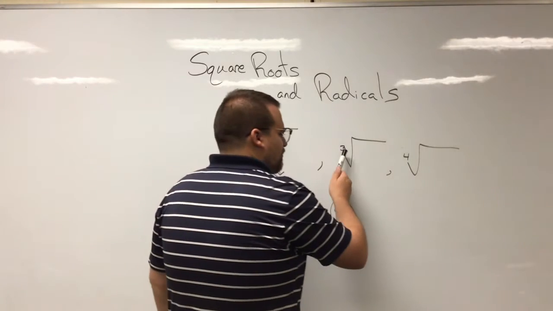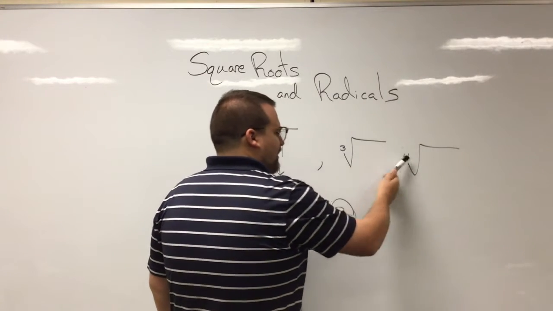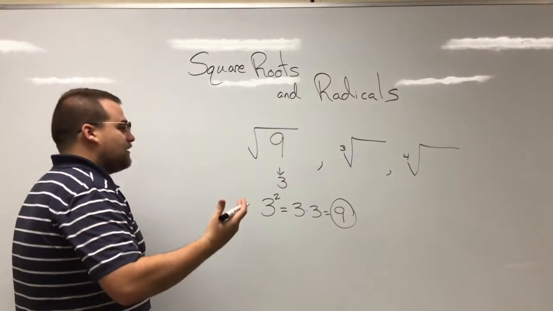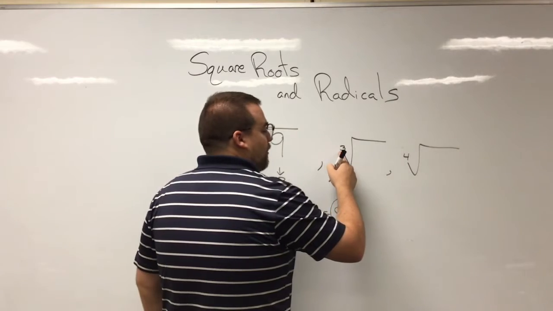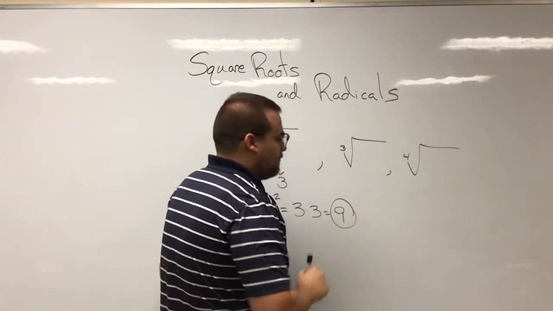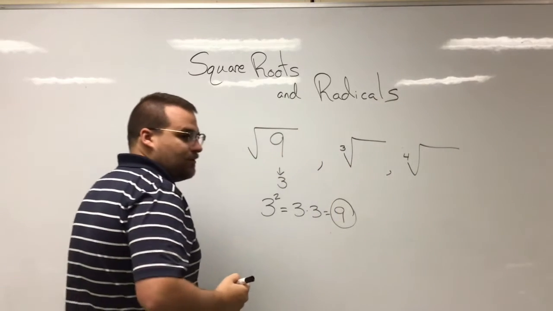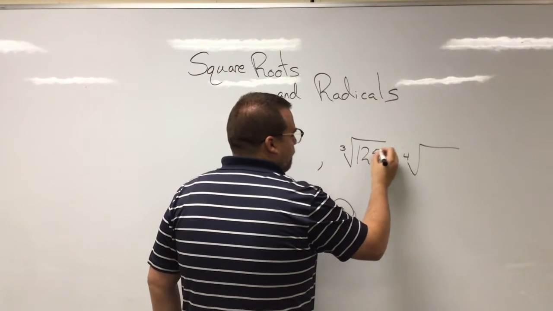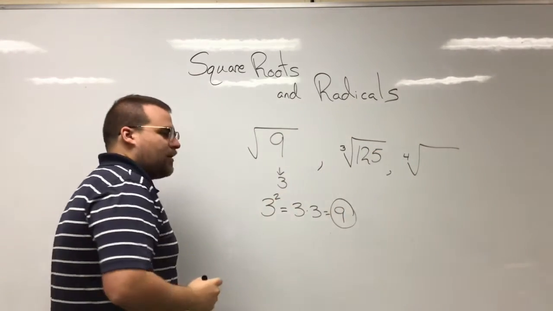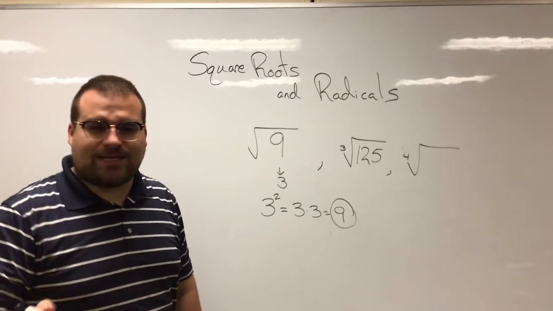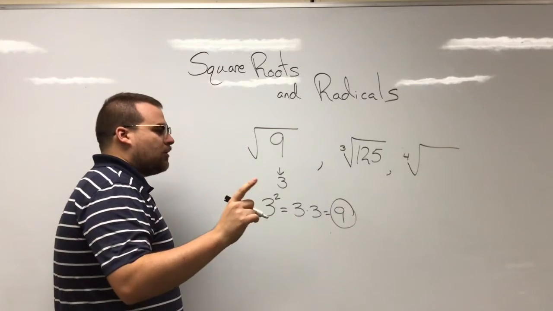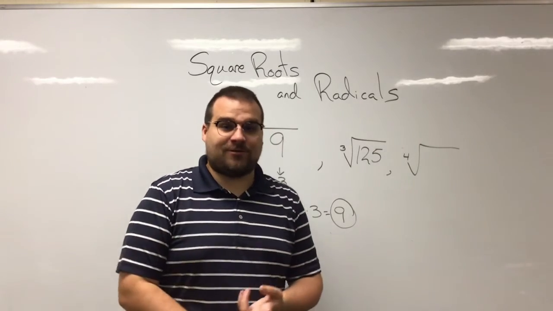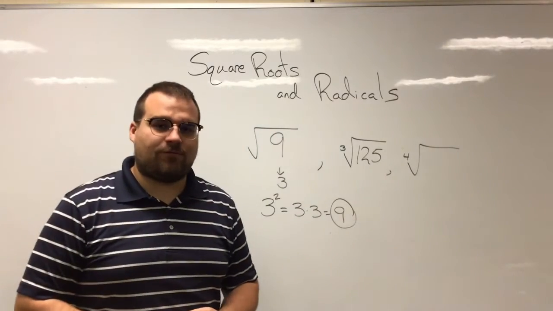Now, what do you think it might mean whenever there's a 3 here or a 4 here? Yeah, it asks us what number times itself 3 times makes the number in here. Let's just say, for example, 125. The cube root of 125 asks us what number times itself and then times itself again makes 125.